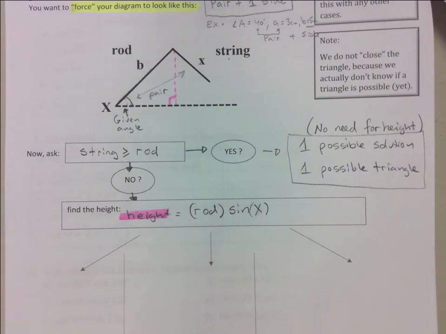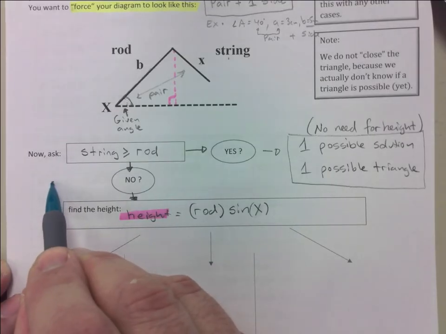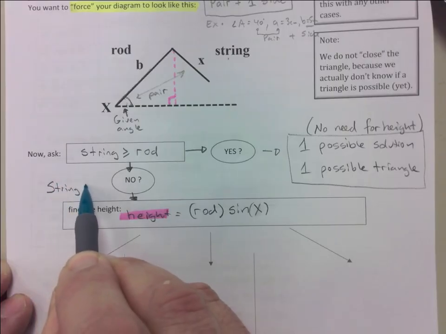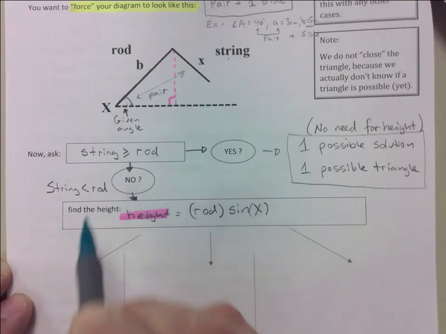And now, remember, in every single one of these cases, you've determined that the string is now shorter than the rod.